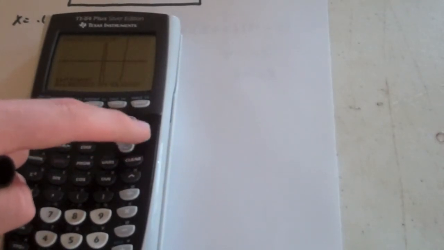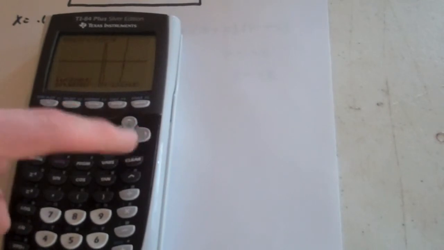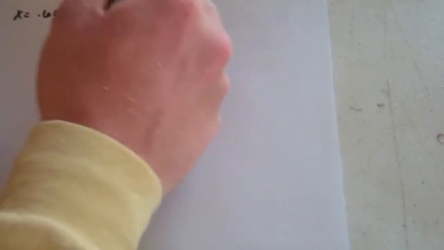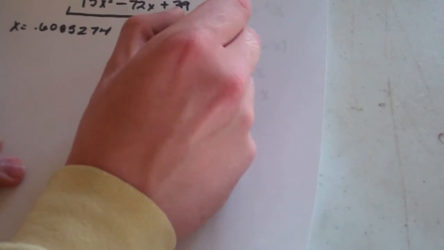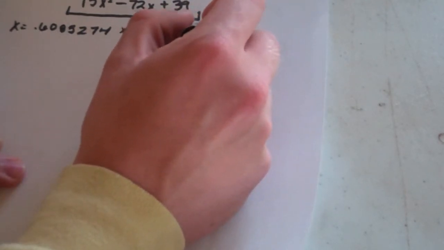So put it here. This is the left bound of that right-hand point, enter. Right bound of this right-hand point, enter. Enter again, and we have 4.9299341.